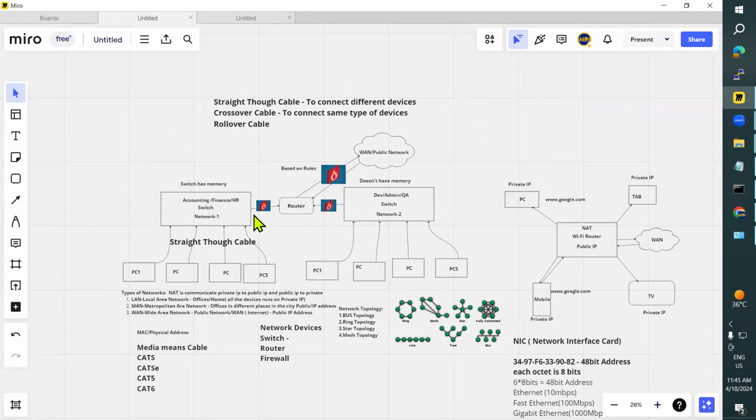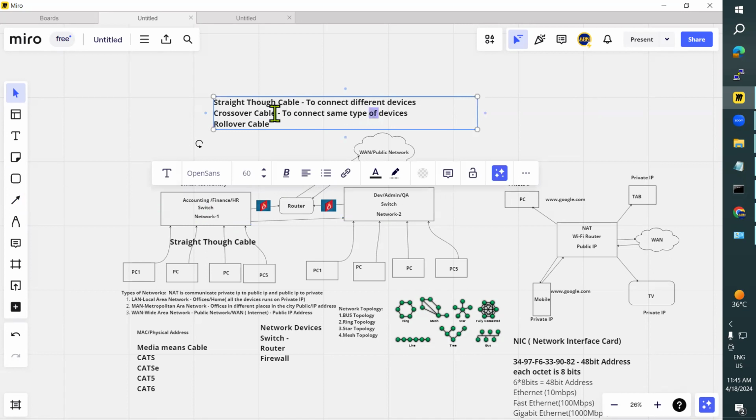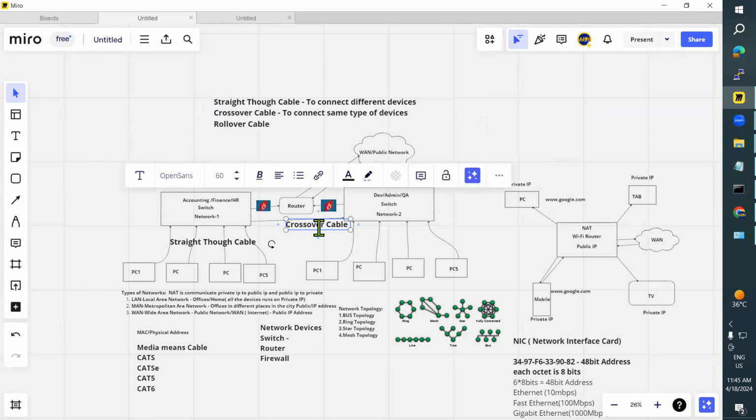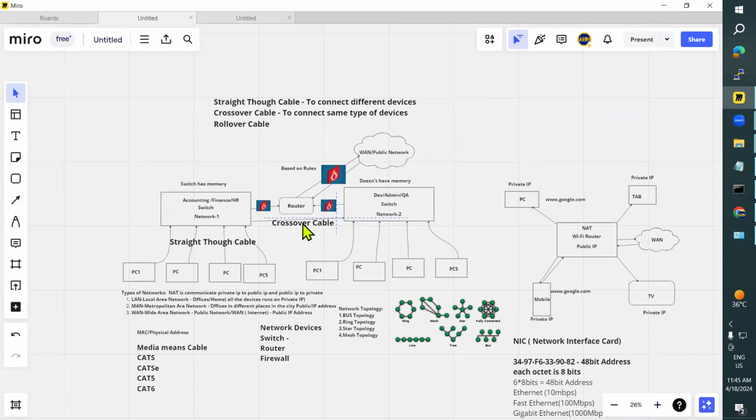For example, if I connect switch to switch, this is a crossover cable. Or router to router, we use a crossover cable. If you want to connect the same type of devices together, we use a crossover cable.